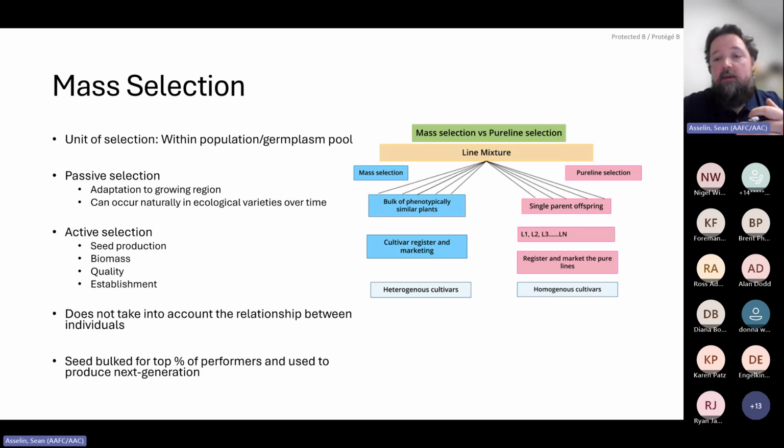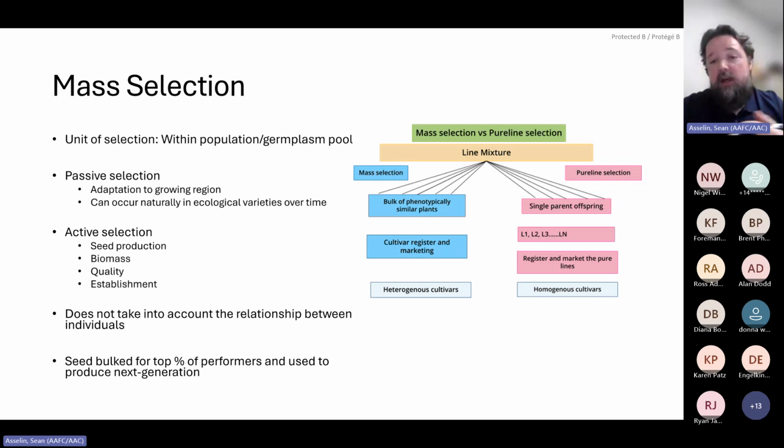From there, we can repeat this cycle of selection until we get the proportion of that trait that we want within the population. I will note that mass selection can either be passive or active. Some forms of mass selection are just taking a diverse population of a plant, growing it in a given environment, and then taking the seed off all the plants that persist over time.